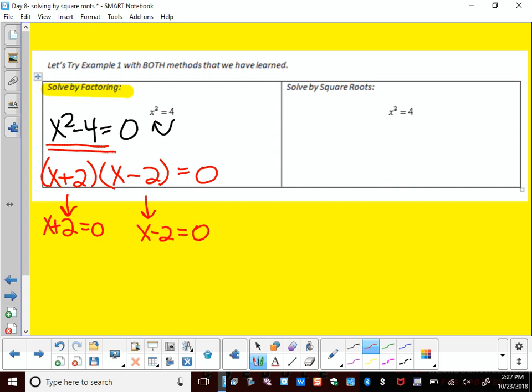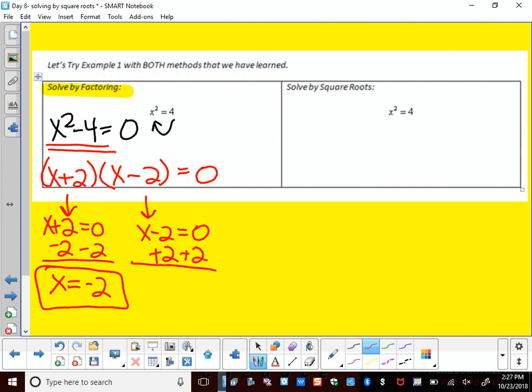So if I solve for x, it would equal negative 2. On the other side, x would equal positive 2. That's what we learned last class.